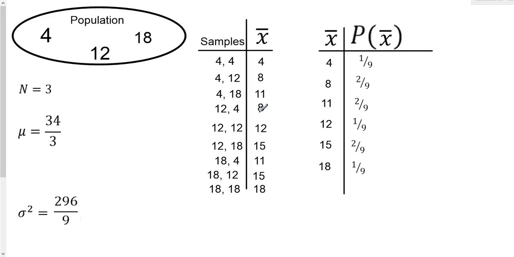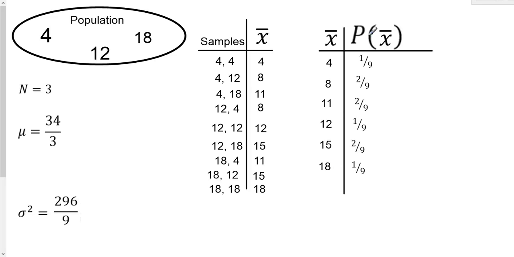Those are all the possible sample means for samples of size 2 from this population. I'm going to use my sample mean as my random variable. Here is every single possible value for my sample mean.